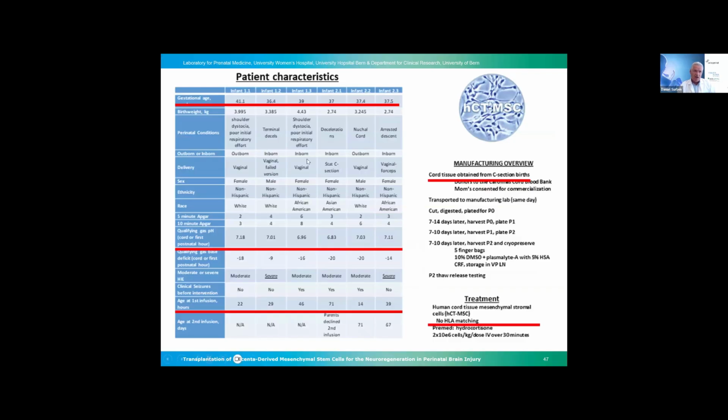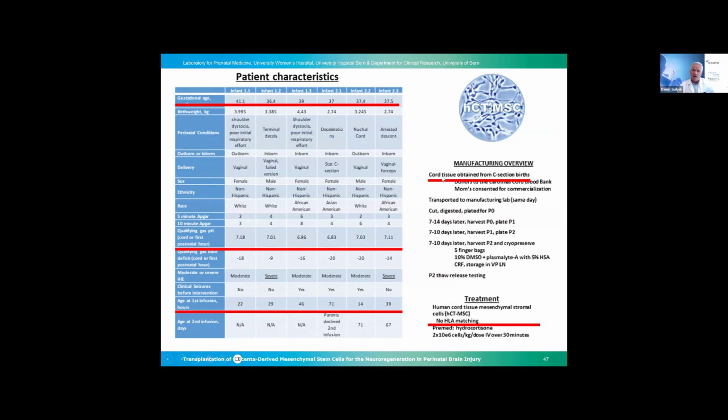You can see here these children were all around term. They had a low umbilical cord pH, some of them very low, and then they were treated at an age of within basically 3 days.